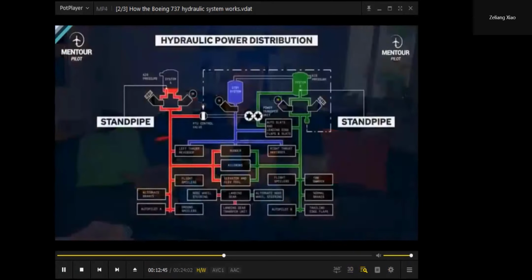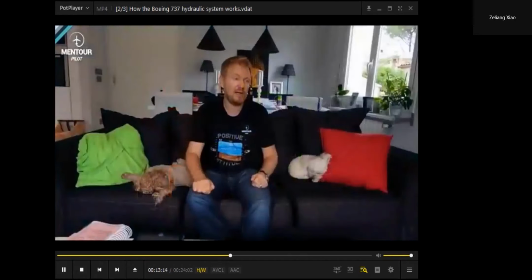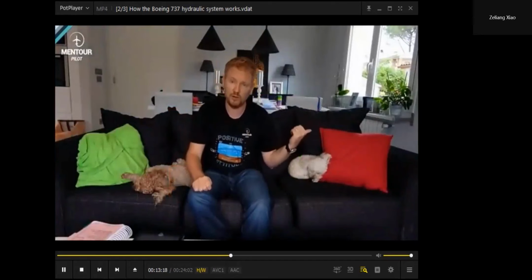Okay. Then it's also connected to 2 of the flight spoilers on each wing and to the autopilot B, of course. But it's also being used for the landing gear transfer unit. So this is a similar situation to the power transfer unit, but it's different in the way that system B is being used: it actually gives extra volume. If you need to get the gear up, and you get an engine failure after takeoff on engine number 1, for example.